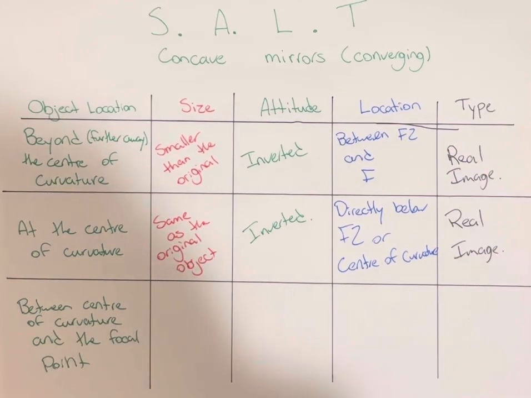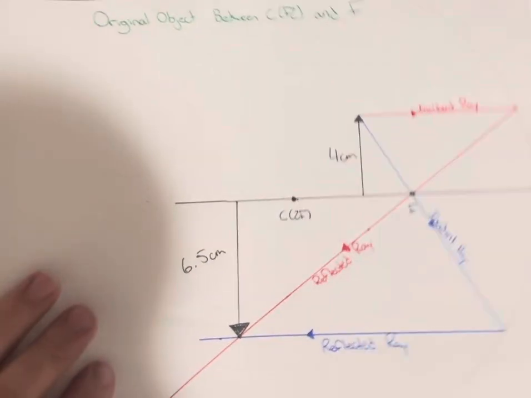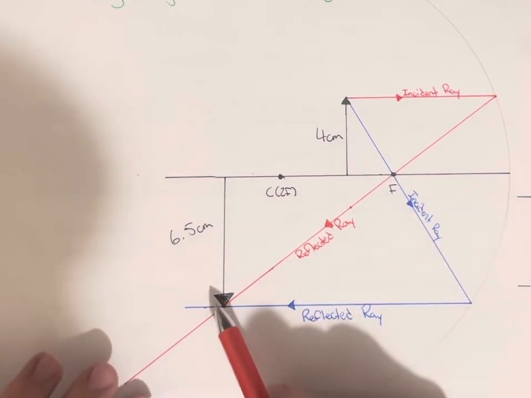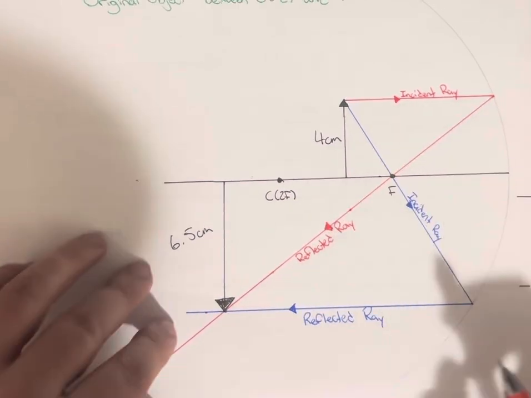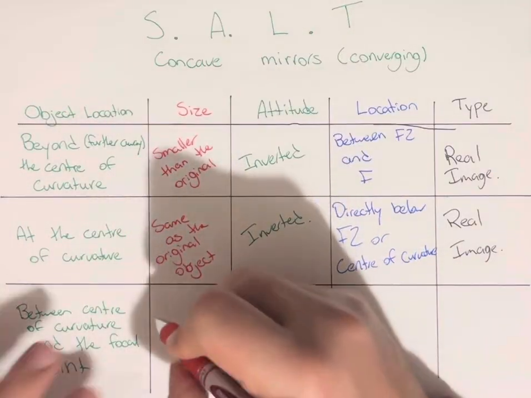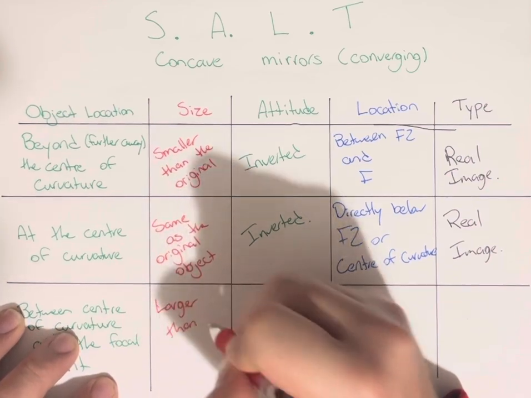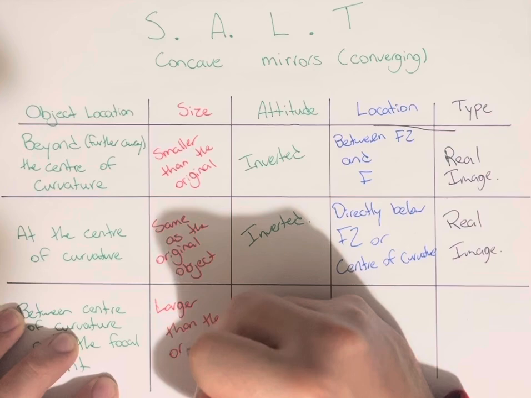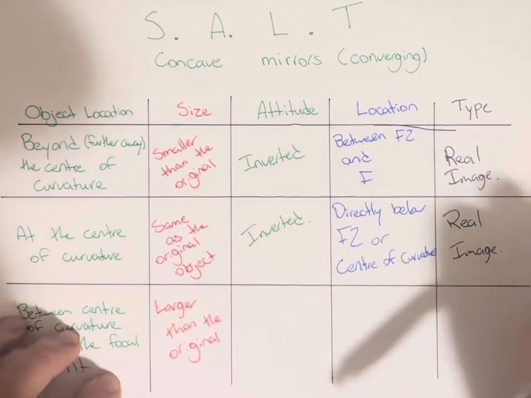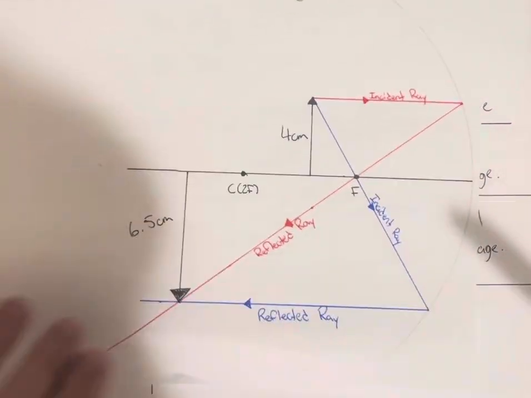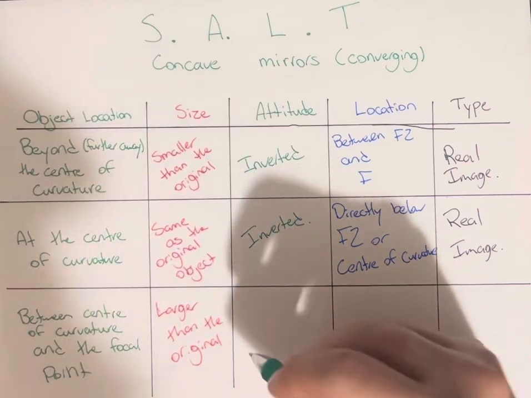And then finally, we can look at our last example, a point between the center of curvature and the focal point. We can see here that my reflected image is much larger than the original object. So larger than the original. It is still going to be inverted, as we can see here.